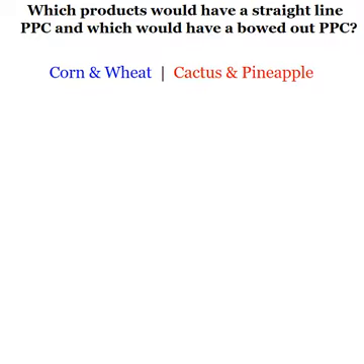A straight line shows constant opportunity cost. So which of these things are similar resources that you would easily switch between? And which of these are increasing opportunity cost? It would be difficult to switch between producing one good and another because the resources needed are very different, which would lead to a bowed out PPC. Here comes the answer.